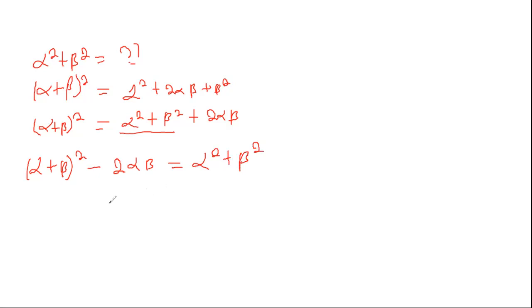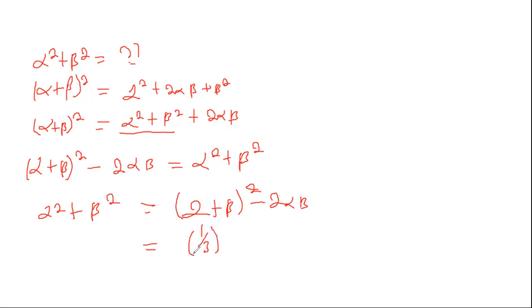So alpha squared plus beta squared is the same as alpha plus beta squared, then minus 2 alpha beta. Now alpha plus beta was 1 over 3. So we square this, then minus 2 times negative a third.